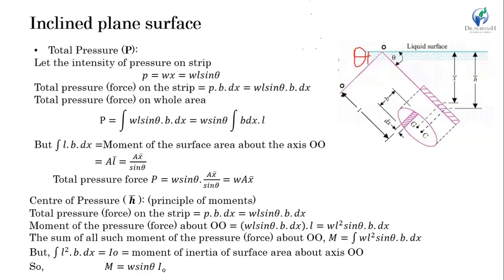So for the calculation purpose we will consider the moment about OO, and then we will transfer with the help of the relation of sine theta with the vertical surface.